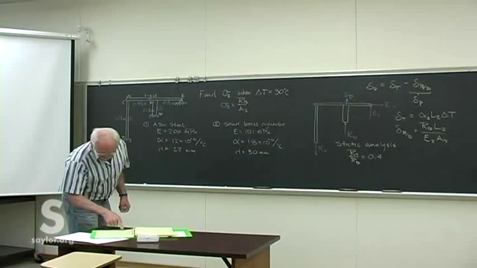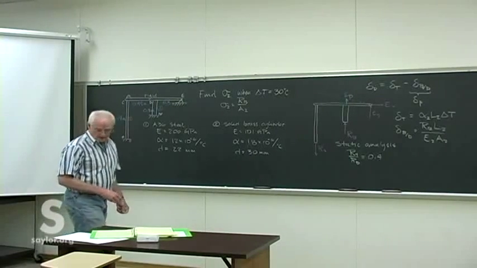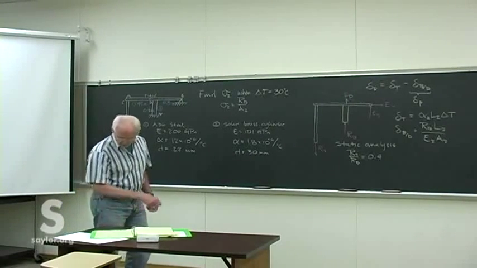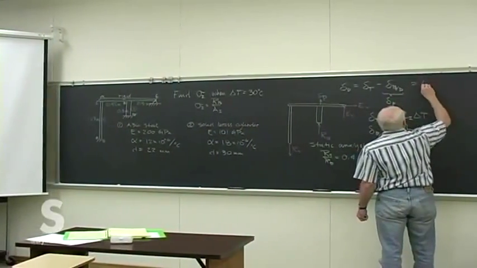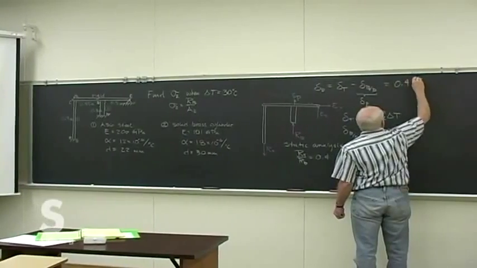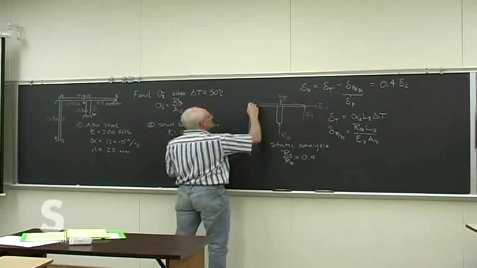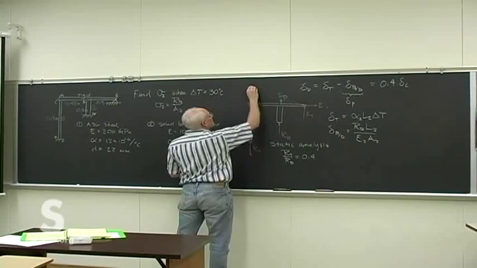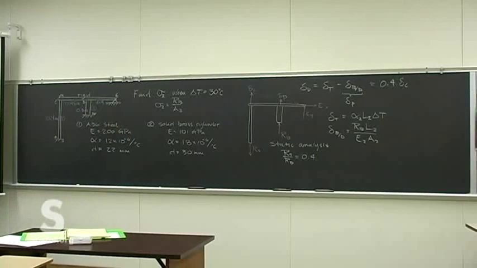But then we have one last little piece that we can throw in for the whole thing, our last necessary equation: that this is also 0.4 times del C, and that's just using similar triangles.